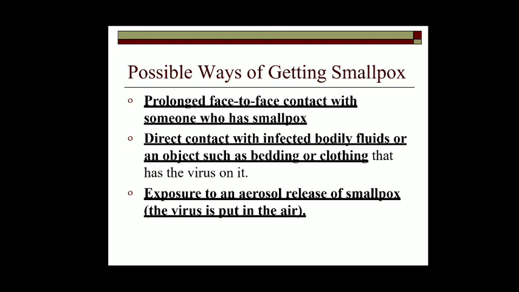The second one, direct contact with infected bodily fluids or an object such as bedding or clothing. If a person is infected and you touch their clothes, or touch instruments already infected by the person, which have the virus on them, it will definitely infect the healthy person.